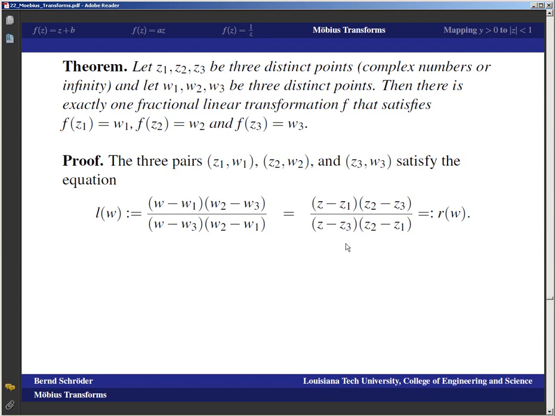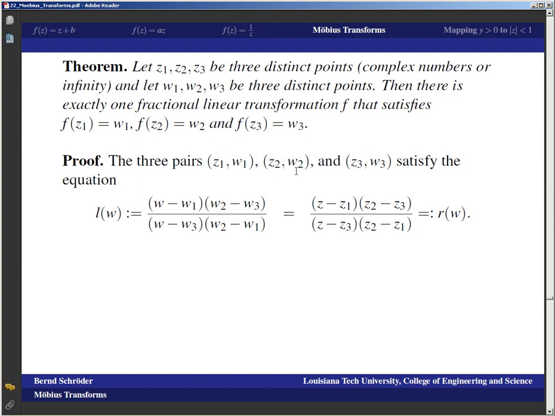And so in this extension of the complex numbers, I would really get infinity equals infinity, and that is considered satisfying the equation. If you don't like that, you could always just multiply the denominators over, and you would get 0 equals 0 on both sides. So the equation is satisfied.